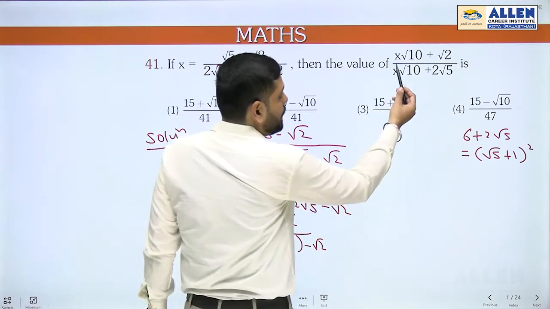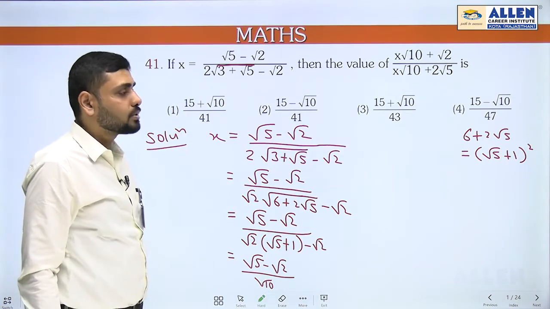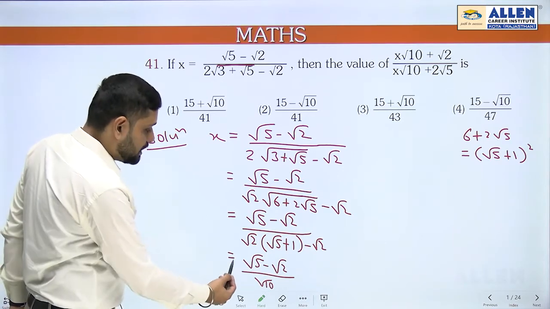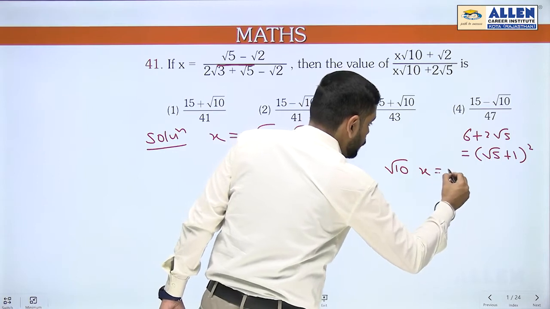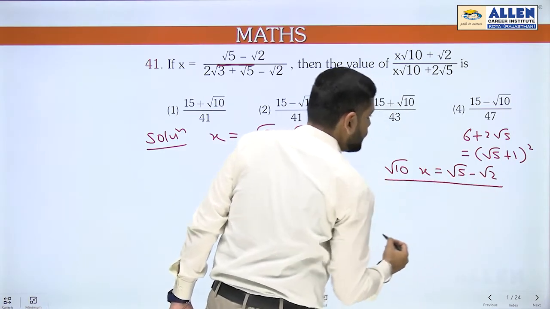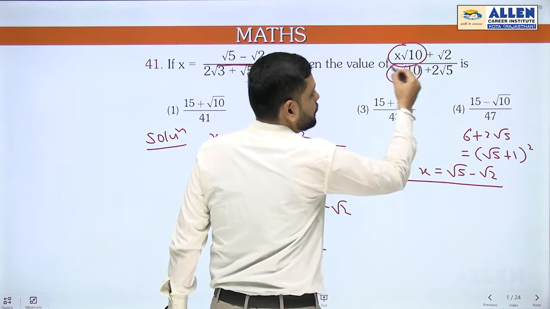Now we require the value of (x√10 + √2) upon (x√10 + 2√5). We can cross multiply this √10, so we get √10x equal to √5 − √2. It means we got the value of √10x, which we can keep directly here.